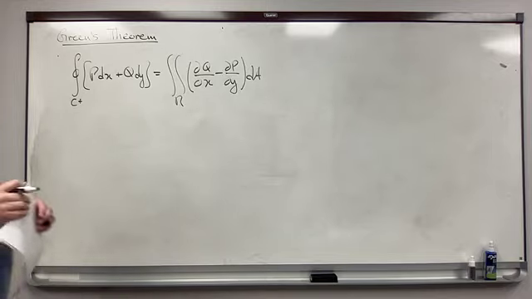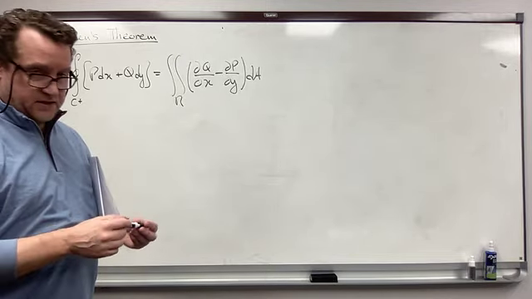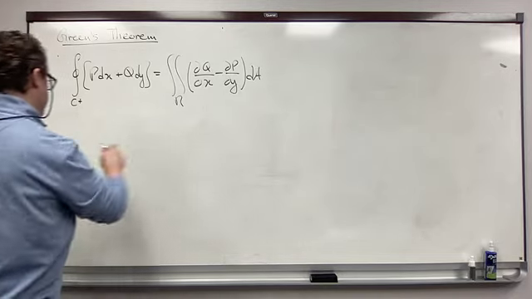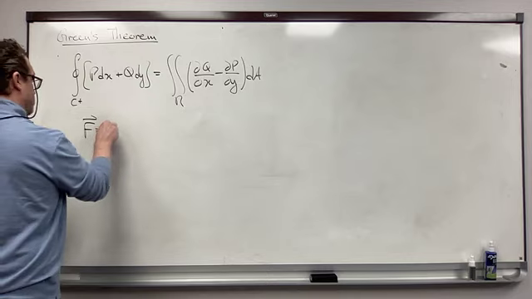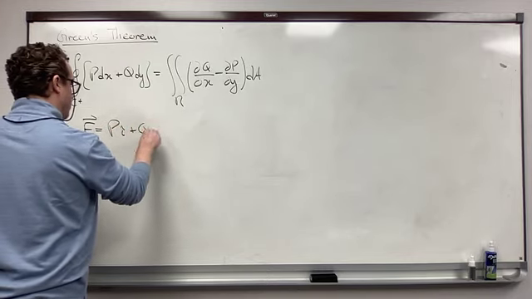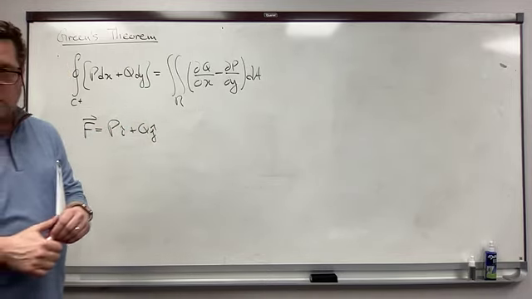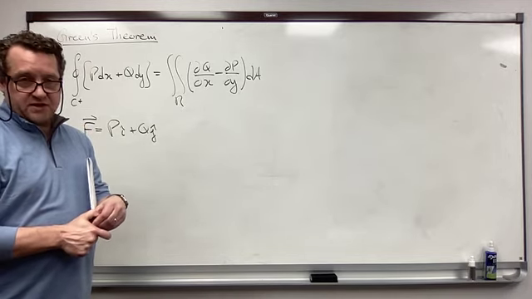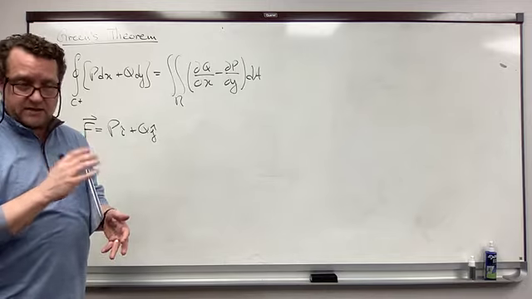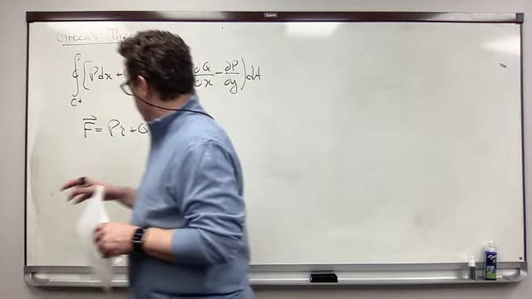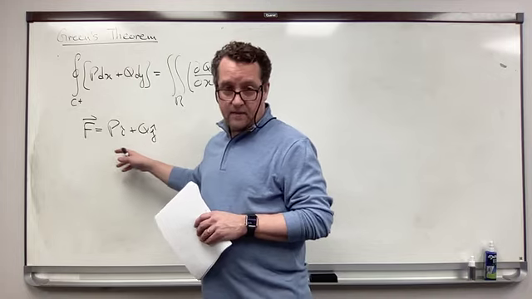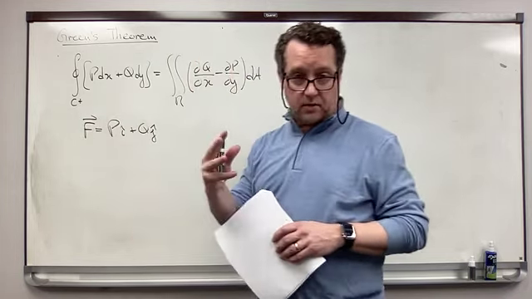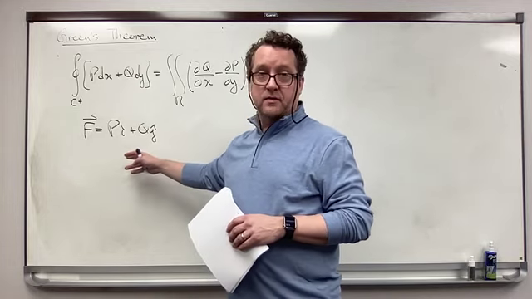First, our requirements on the functions here: if we say F equals P i plus Q j, does F need to be conservative for Green's theorem to be true? No, not at all. In fact, if F was conservative, Green's theorem is trivial because, remember, if F is conservative, then the integral of F for any closed contour is 0 because F is independent of path.